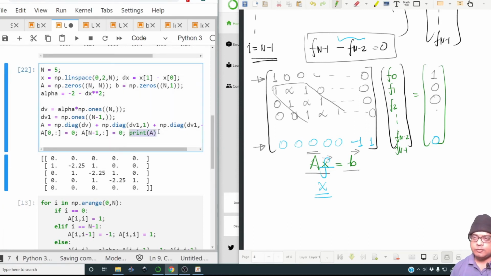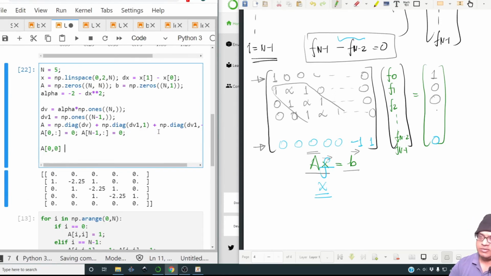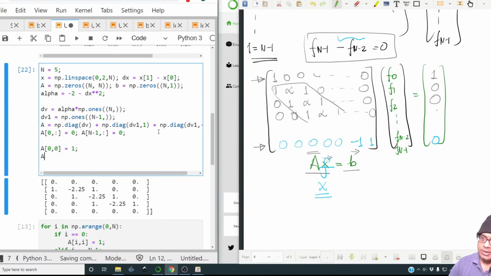Great. So now we can simply incorporate the boundary condition. So A[0, 0] is going to be 1, and the other boundary condition is going to be A[n-1, n-2] is going to be -1, A[n-1, n-1]. Or we don't need to write n minus 1.